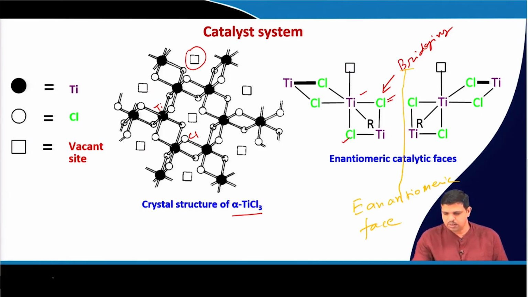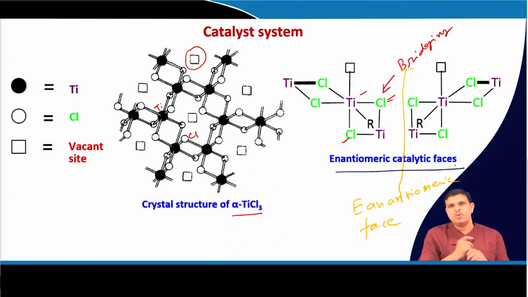It is important to understand that a chiral center exists, and that chiral center depends on what phase you are using, whether it is alpha, gamma, beta or delta. See this moiety carefully. These are basically enantiomeric catalytic phases. Now it is understandable why these catalysts act as chiral catalysts.